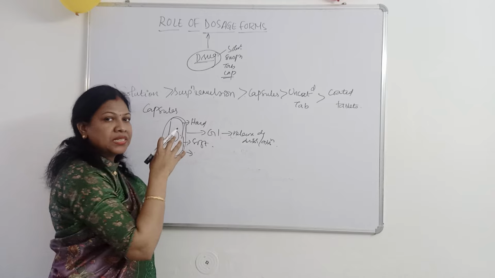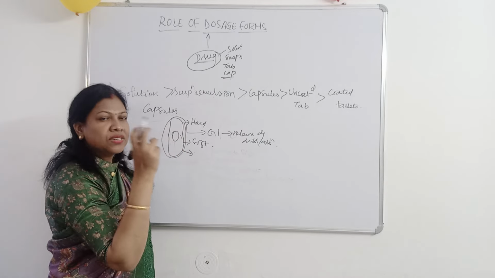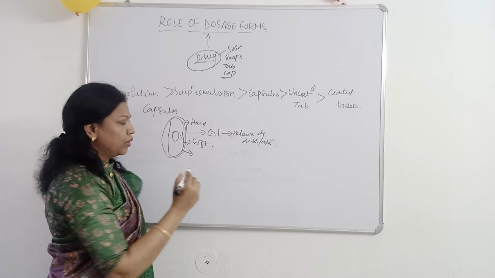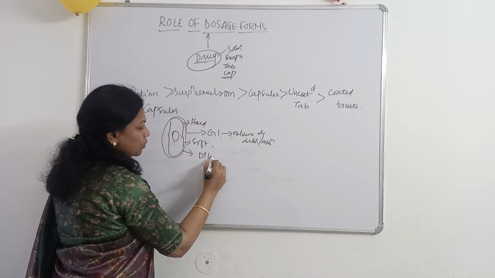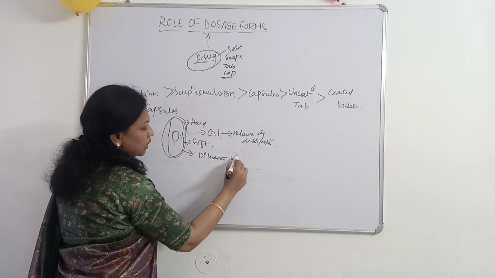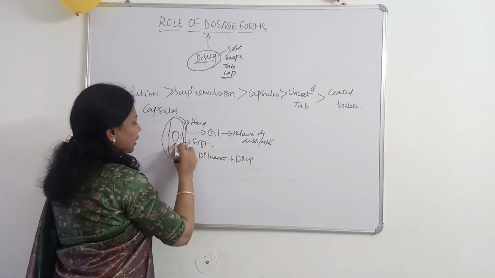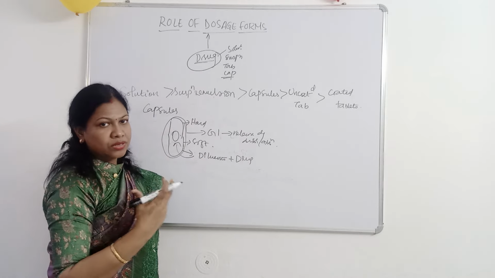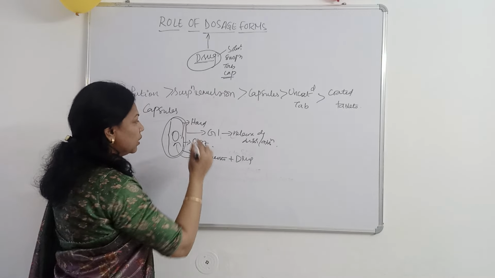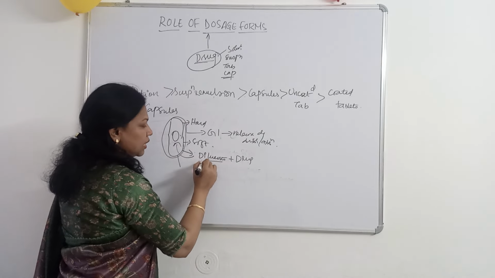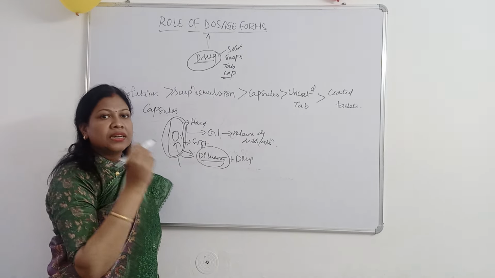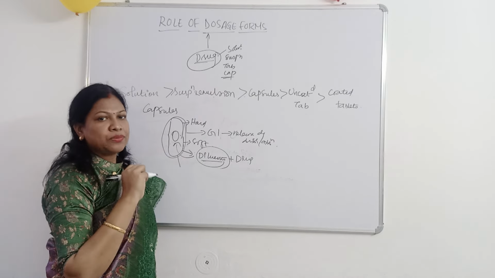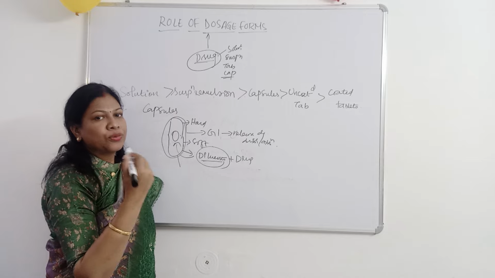We can't administer the capsule just with drug. So we have to include some diluents also. Diluents have to be mixed with the drug and entrapped or encapsulated in the hard gelatin capsules. So the dissolution of the shell as well as the diluents which are added in the capsule formulation will affect the oral drug absorption.